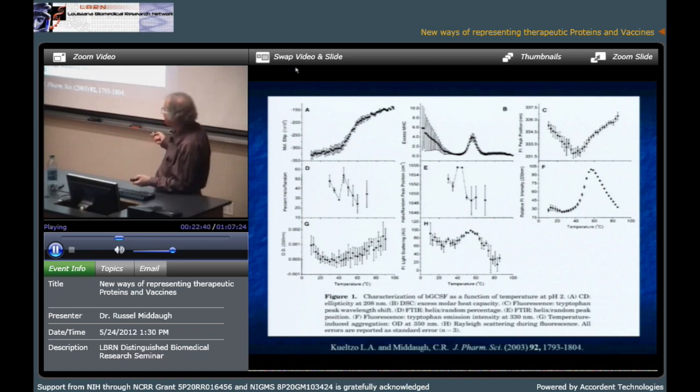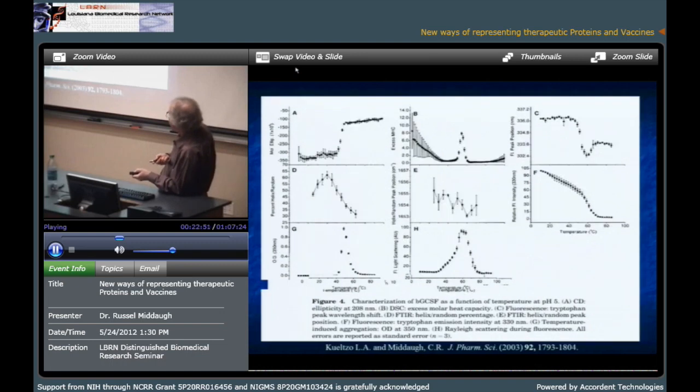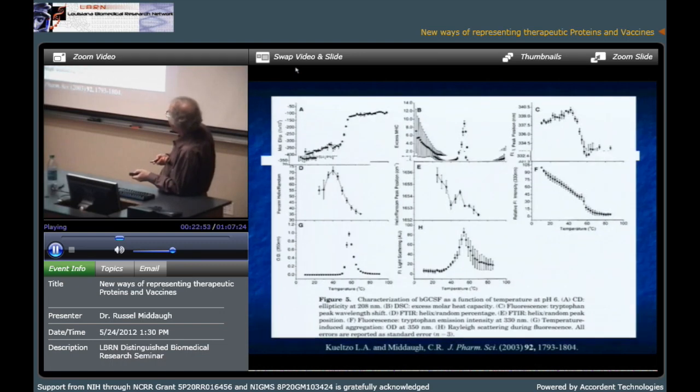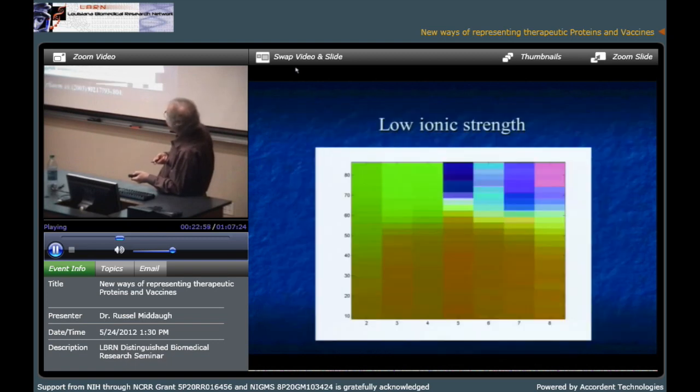Today, it doesn't matter exactly what those techniques are. Each of them monitors the protein in a somewhat different way, although their information may well be overlapping. And here's pH 3, 4, 5. See everything just jumping around like crazy. 6, 7. And here's a little chart summarizing the data. Not very useful.